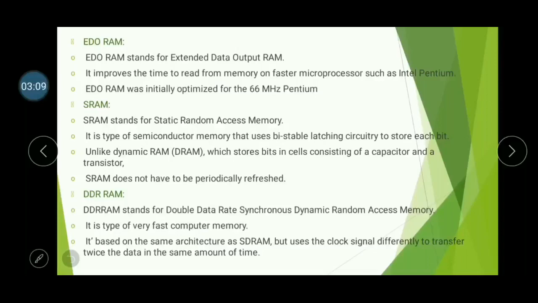Next is DDR RAM, double data rate synchronous dynamic random access memory. It is a type of very fast computer memory. It's based on the same architecture as SDRAM but uses the clock signal differently to transfer twice the data in the same amount of time.